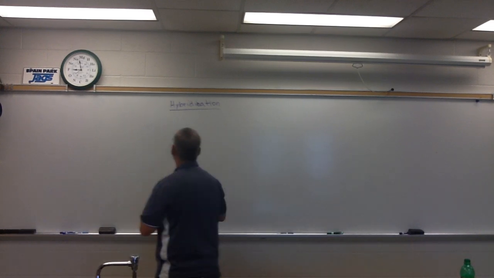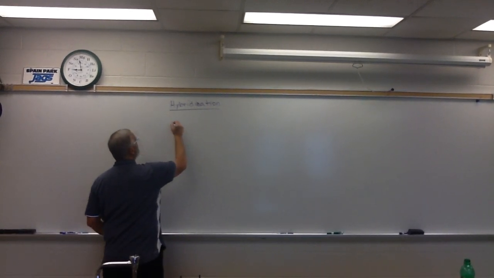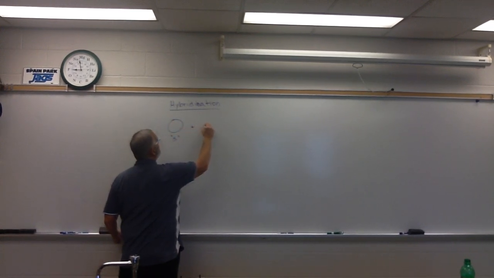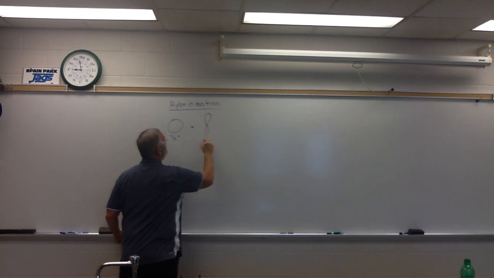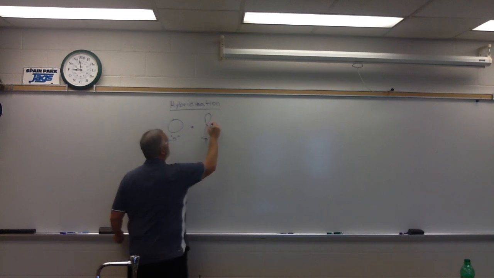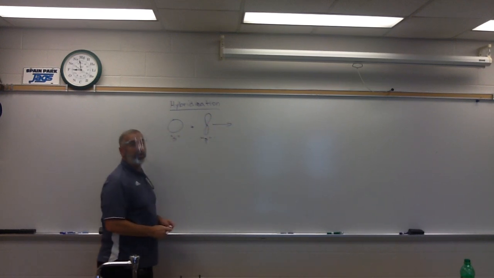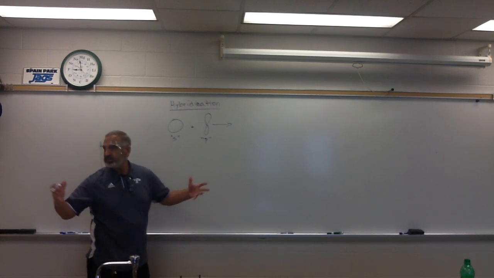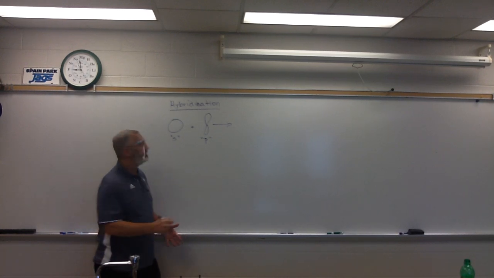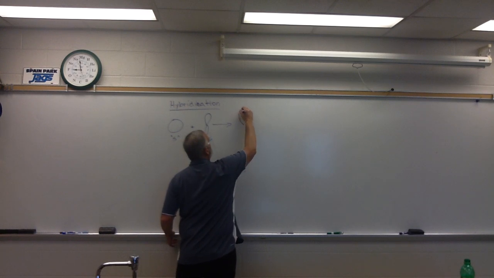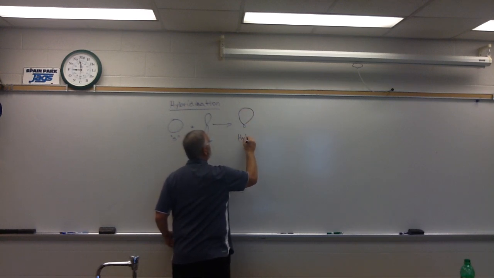So if we take an s orbital and we combine it with a p orbital, our hybrid is going to be a mix of the two. We're going to end up getting something that looks like that.